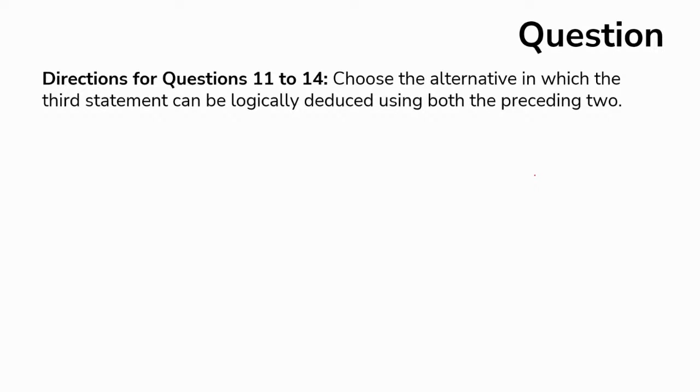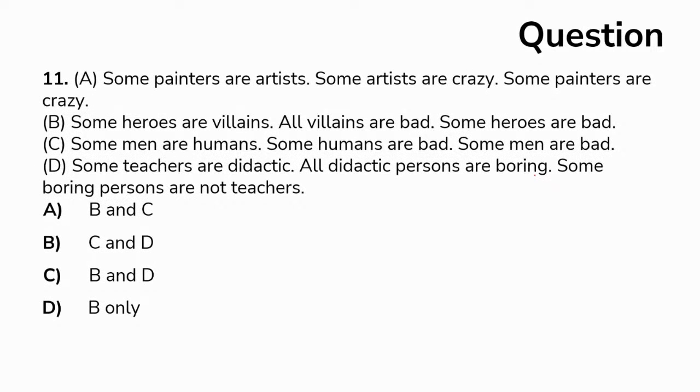You'll be given three statements, the first two will be statements, and the third statement can be logically deduced from the preceding two. Based on the first two, you should be able to explain the third one. So you have to check which is right and which is wrong. So, 11th question, please do try this, and I'll give you a minute to solve this.